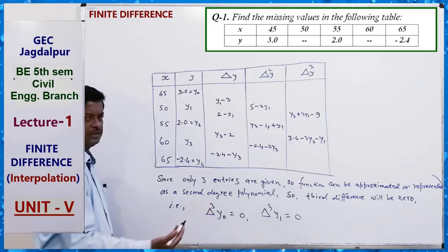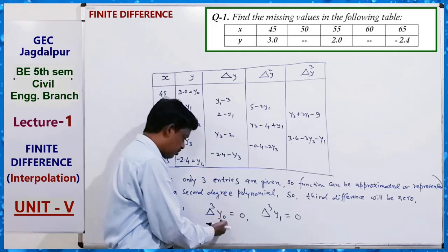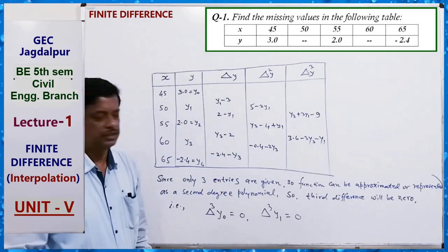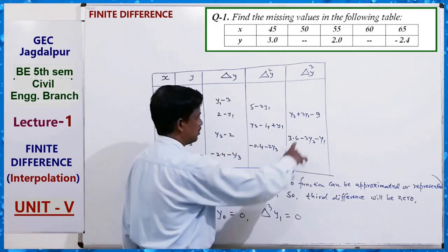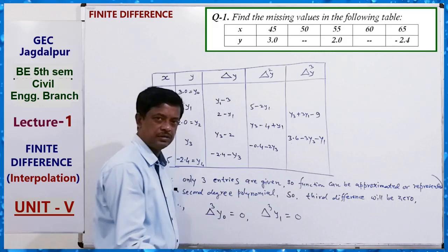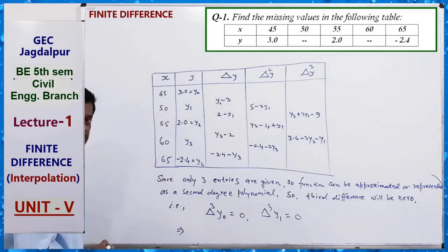Now, this means what? Third differences of y0, y1, y2, y3, y4 are all 0.